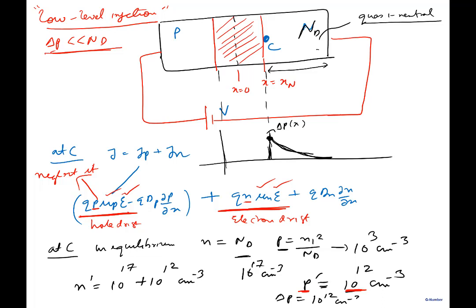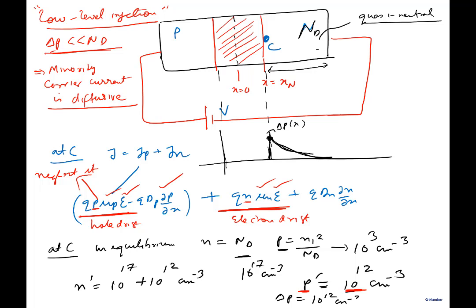So what this is pointing out is that the moment you say low level injection, delta P, what it is implying is that the minority carrier current, which is the hole current in N-type semiconductor, is diffusive.